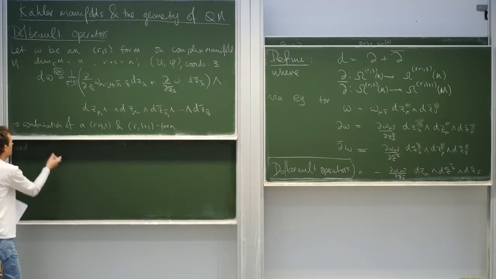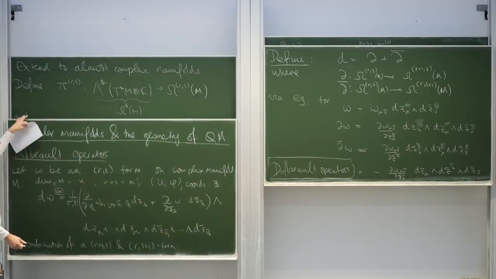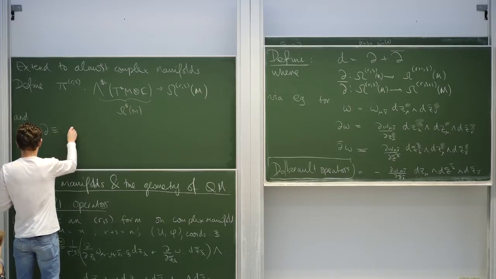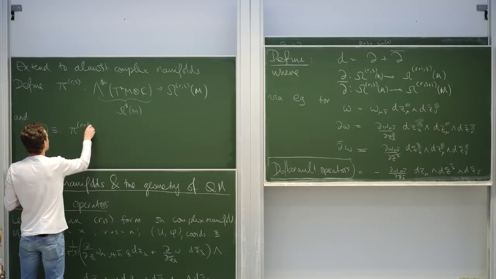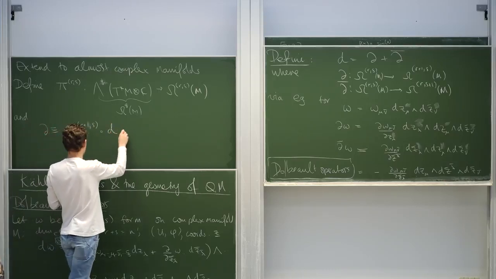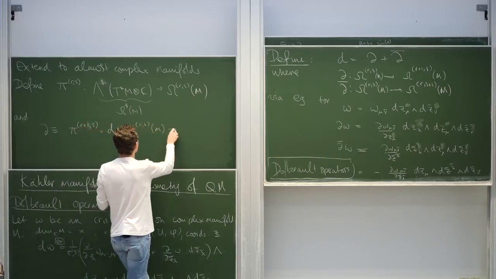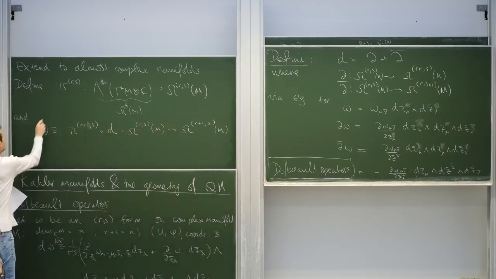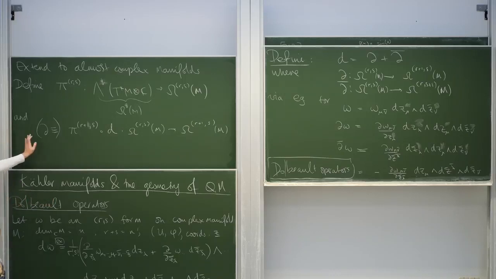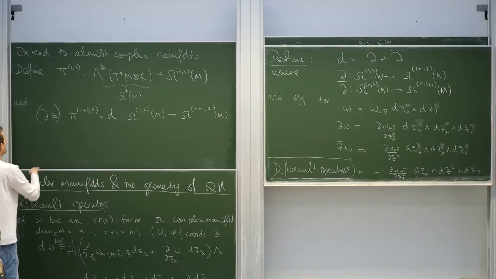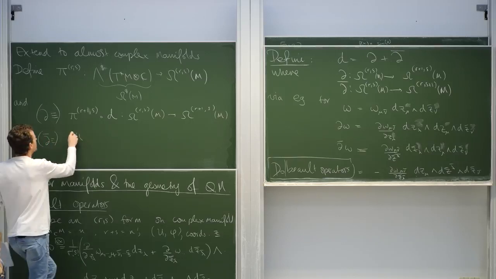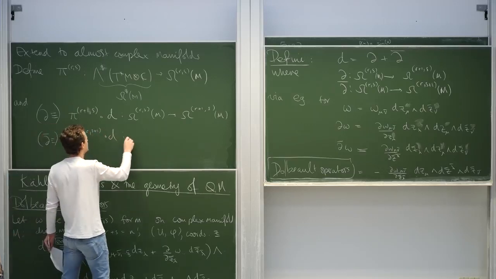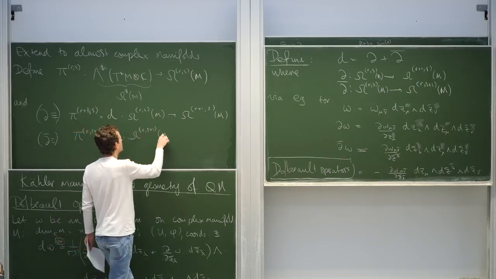So delta will be equivalent to first doing an exterior derivative and then projecting onto R plus 1, S forms, and delta bar is the operator you get when you first do an exterior derivative and then project onto the R, S plus 1 space.